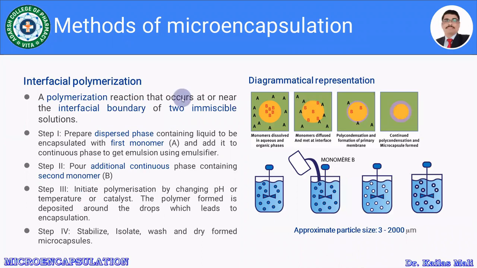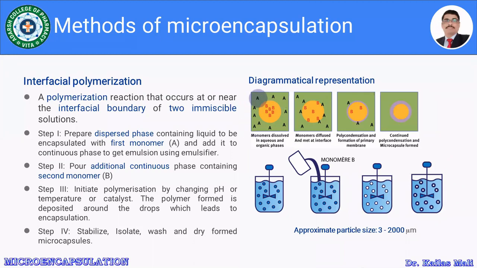Let us see the next method, known as interfacial polymerization. Here we are utilizing the concept of polymerization to prepare microcapsules. Look at the figure. Here we are using two monomers, or two reactants.